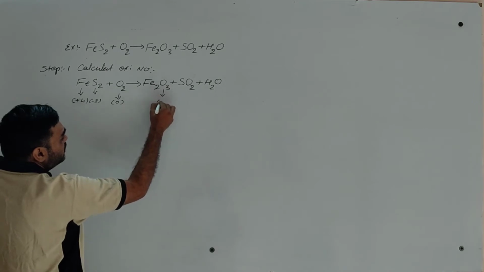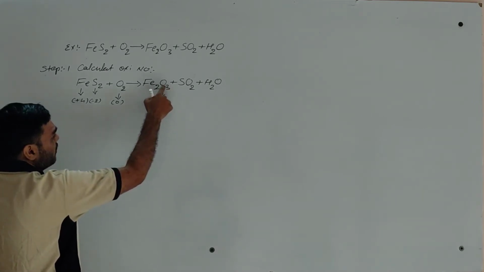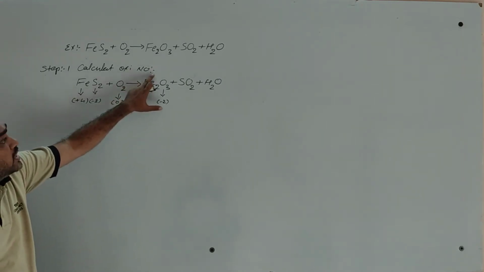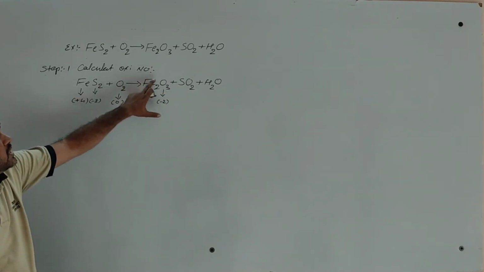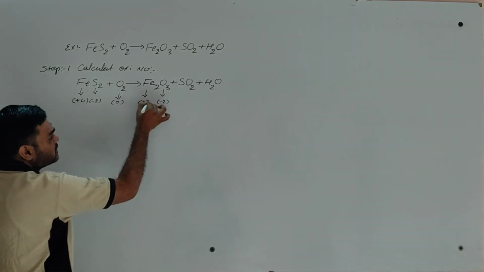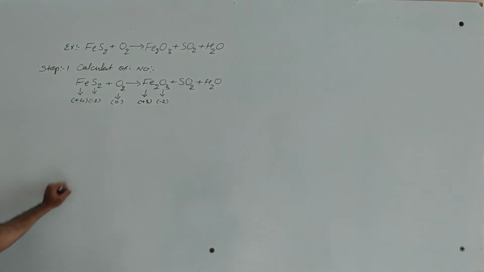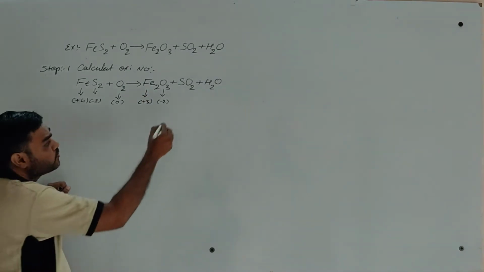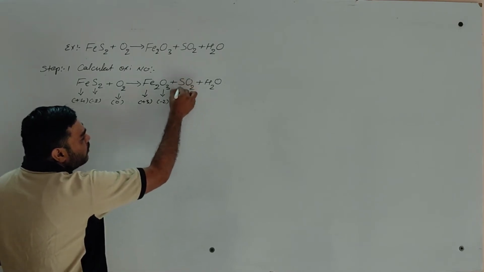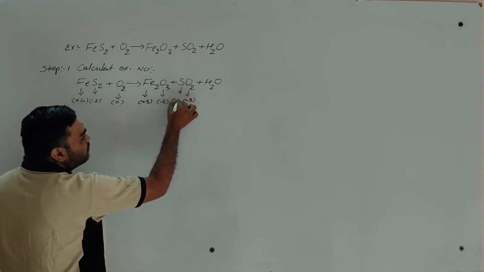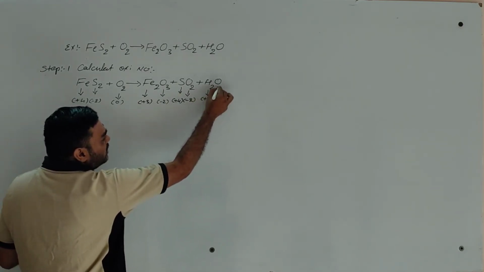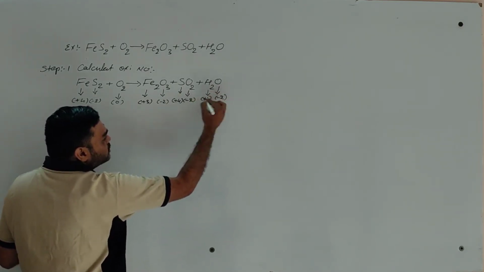Each oxygen has -2, and -2 3s are -6, so put here +6 to make it 0. +6 divided by 2, so Fe having +3 oxidation state in this particular compound. Each oxygen having -2, 2 2s are 4, then sulfur having +4. Hydrogen +1 and oxygen -2.